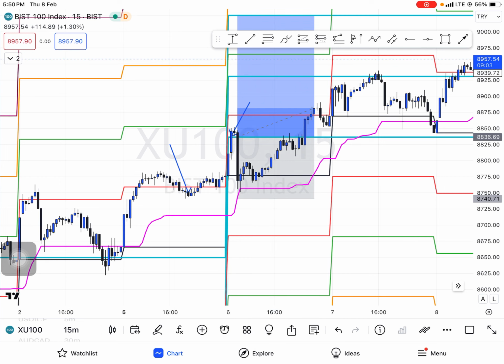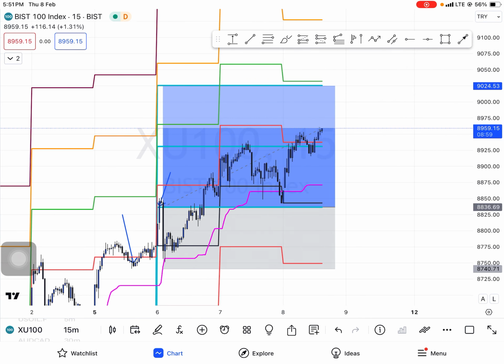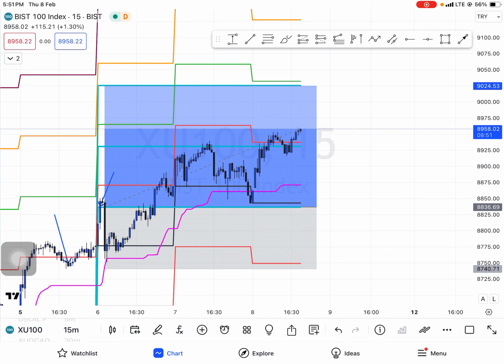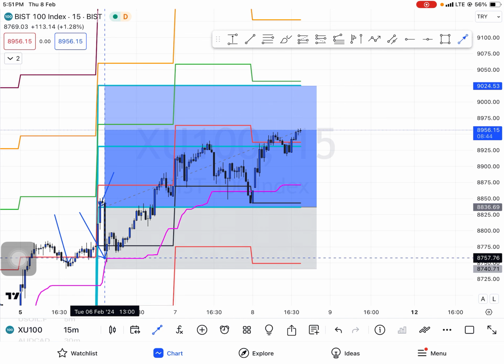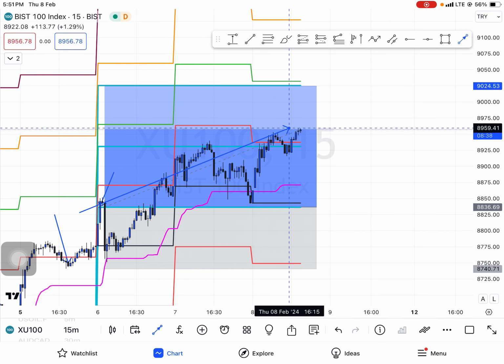Then we wait till the target is met. As we can see right now, this trade was active on 6th of Feb. Then on 6th of Feb it went into a little bit of drawdown, then it came back up, and now it is going in profits. On 8th of Feb it is in a very nice huge profit.